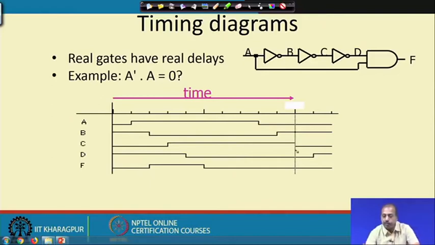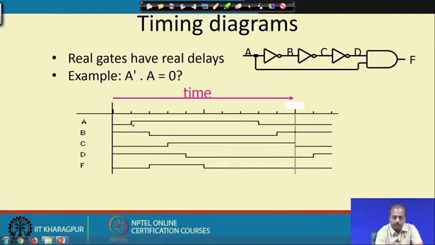Now F is equal to D and A. In the first part of the graph, A is low and D is high, so we get a 0 at this point. After some time, A has changed to 1 and D is 1, so it is expected that my output should become 1. It will happen after the delay of one AND gate, which is taken as the gate delay.